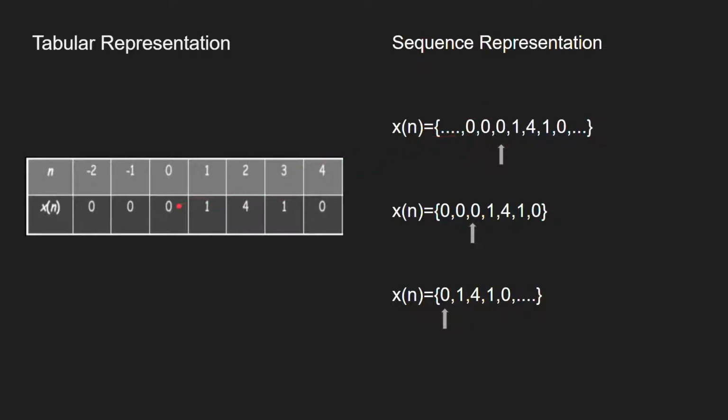Even in sequence representation, we have different forms. For example, it could be indefinite or infinite, so implying that 0 continues on both sides, or it could be finite with just the given values, or it could go off in one direction. Anyway, all these three represent this tabular representation here.